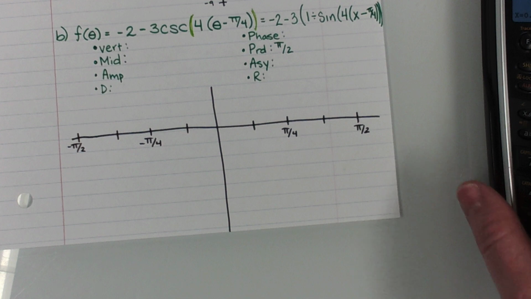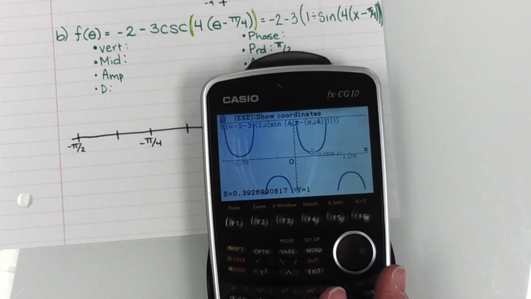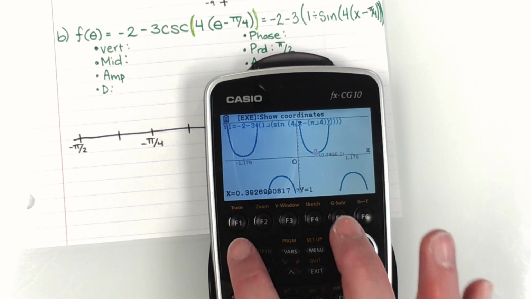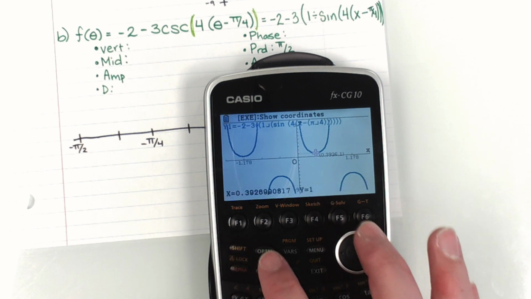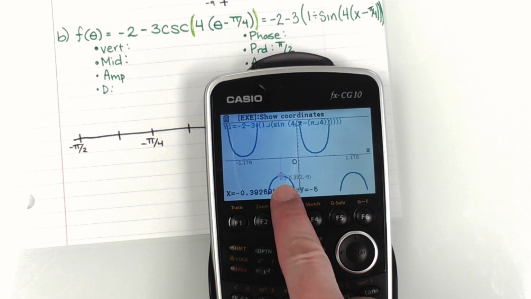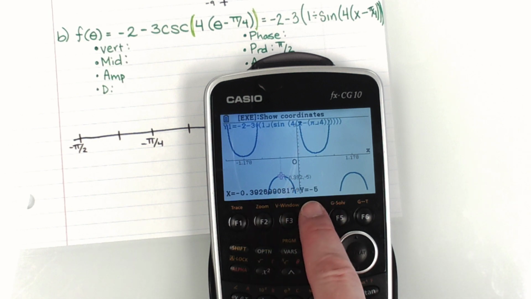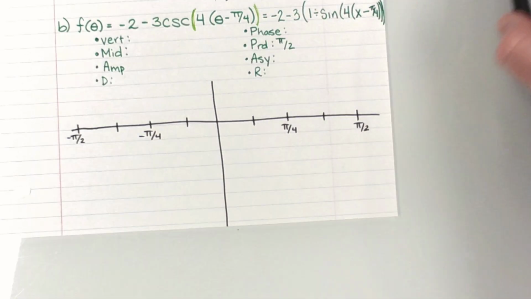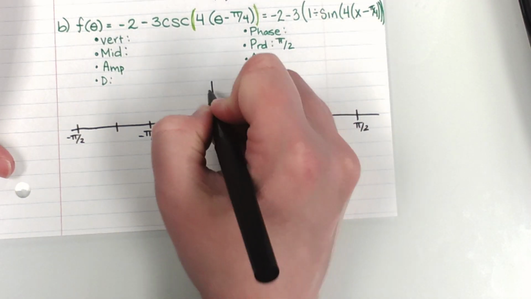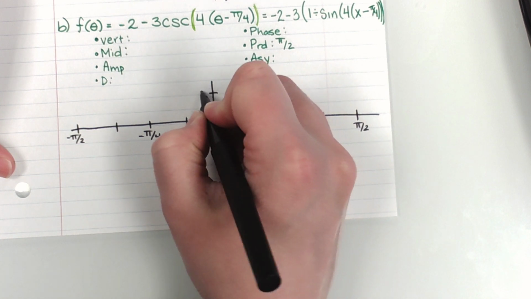I just figured out that my maximum line is at 1. I can also start typing in the negative version of it. Negative pi over 8. That gives me this. Tells me my minimum line is at negative 5. Okay, so that means I'm going to have to be a little bit above 1. So I'll just count by 2's.